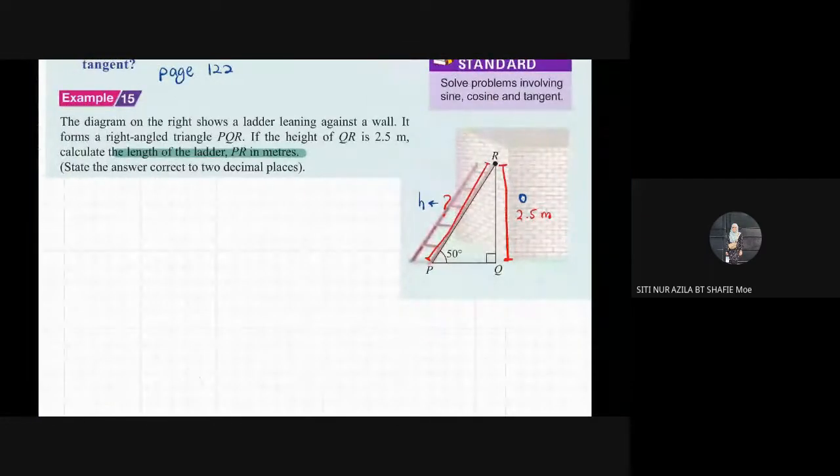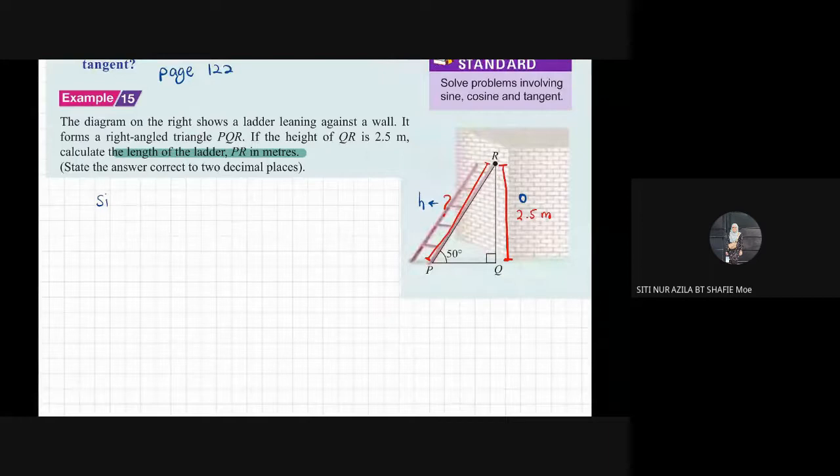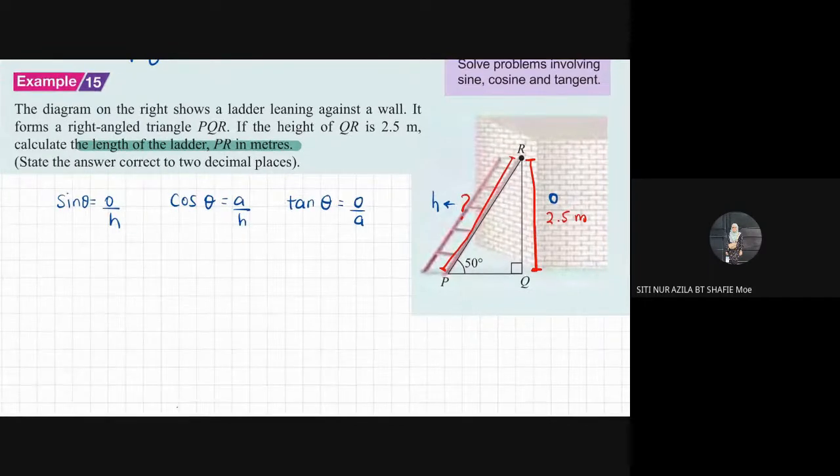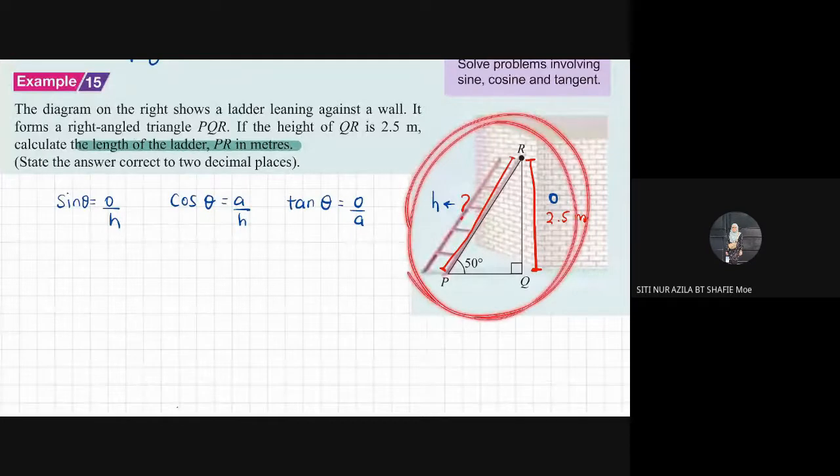So from your three formulas, sin is SOH, cos is CAH, and then tan is TOA. We are going to choose one that we want to use to solve this type of question.